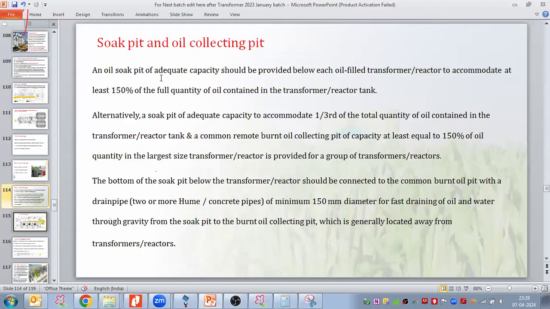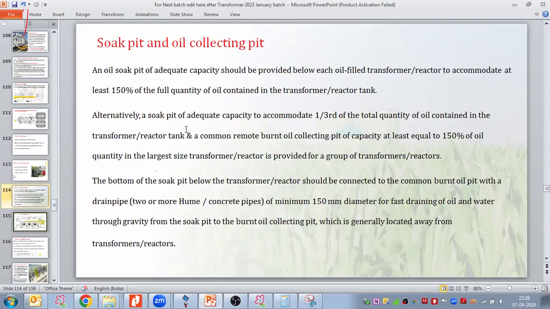An oil soak pit of adequate capacity should be provided below each oil-filled transformer or reactor to accommodate at least 150% of the full quantity of the oil contained in the transformer tank. This is one option.